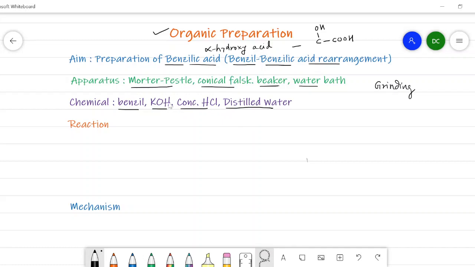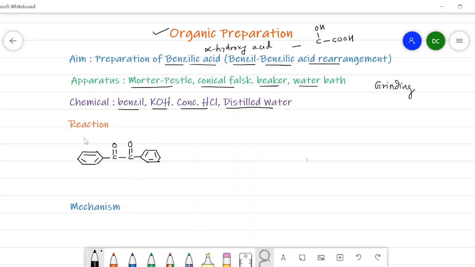Now, the preparation of benzilic acid starts from benzil, and benzil has a structure like this. One benzene ring which is attached to the C double bond O. Then there is another carbonyl, that is C double bond O, which is attached to the second benzene ring.